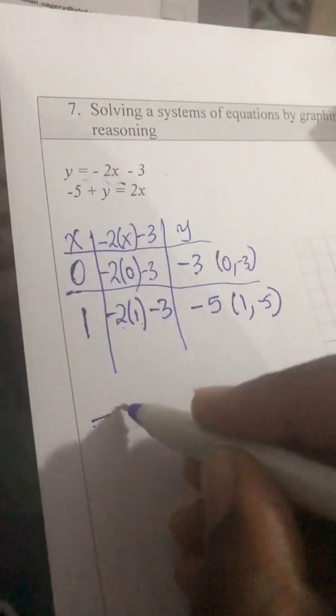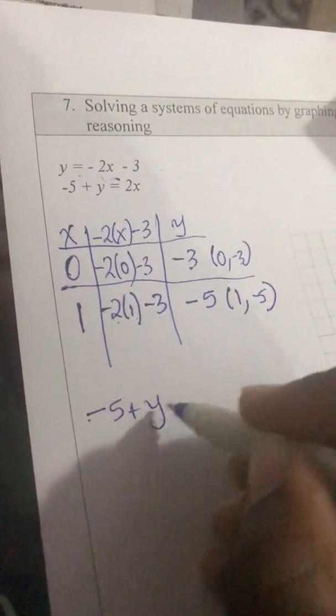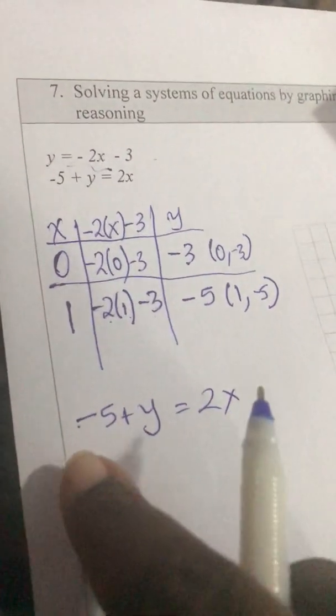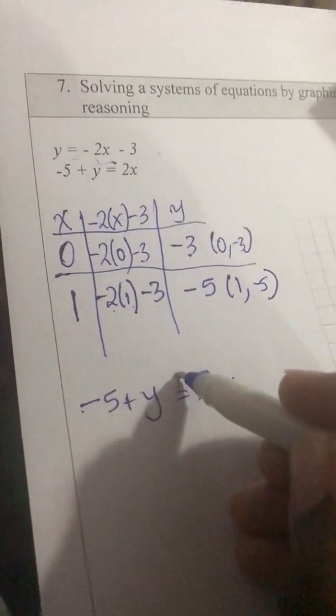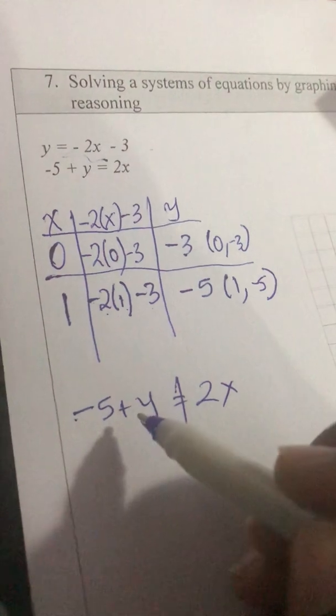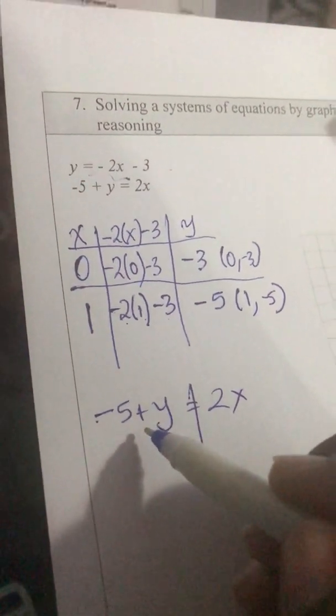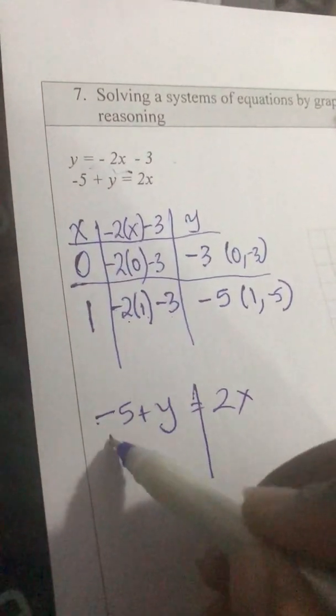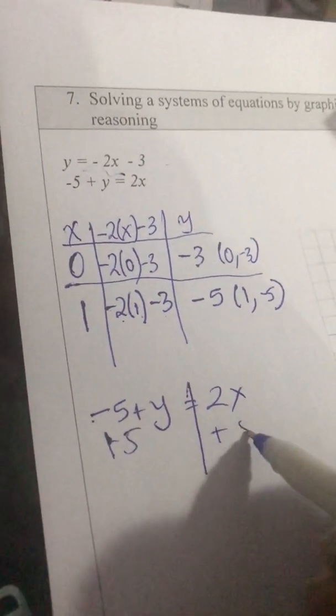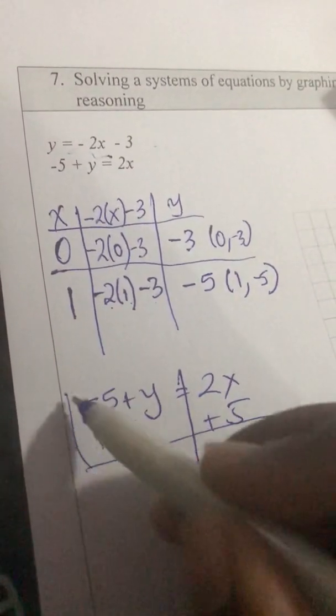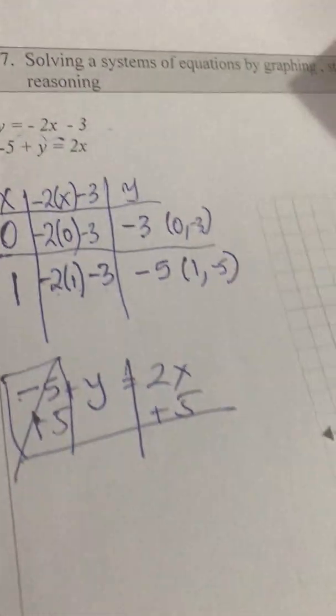The next equation, negative 5 plus y equals 2x. It is in standard form. I want it to be in y-intercept form, slope-intercept form. So plus 5, plus 5. This goes away.